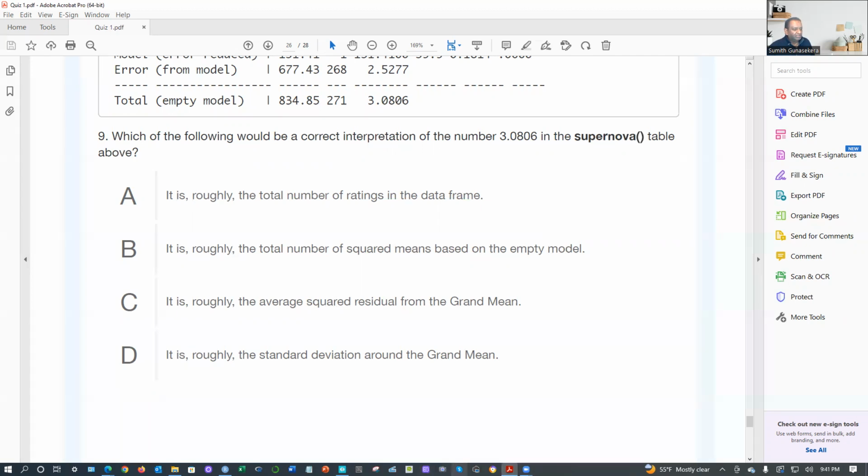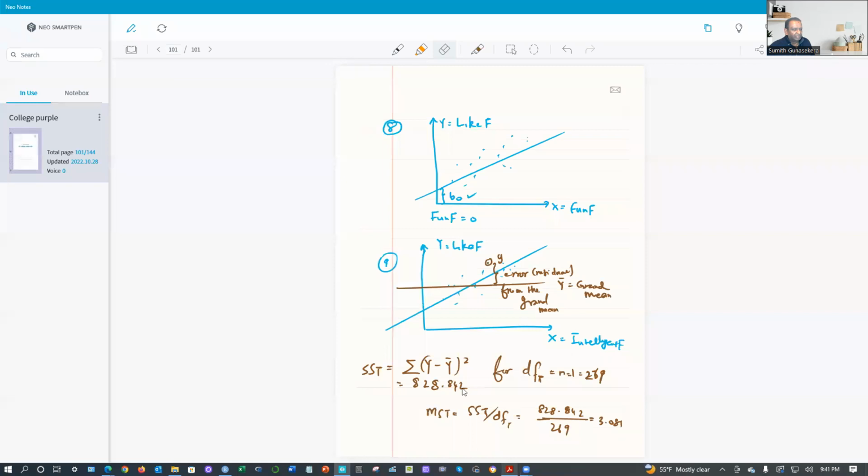Average squared residual from the grand mean. This is nothing but the sum of the squared residuals, or errors, from the grand mean. This is the average squared.